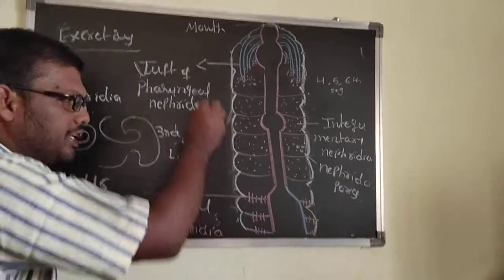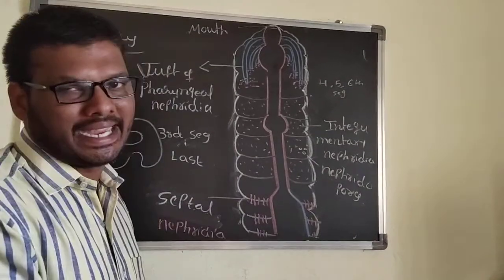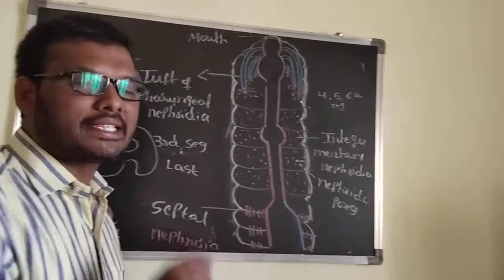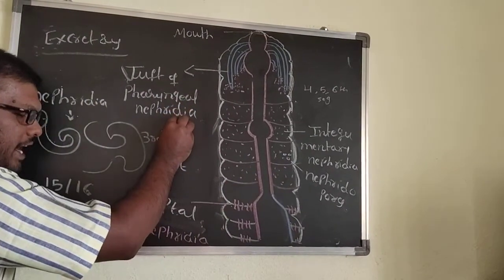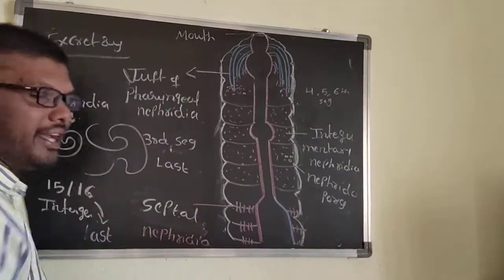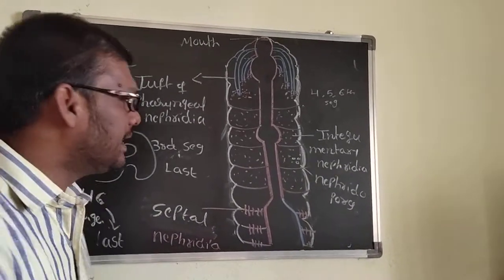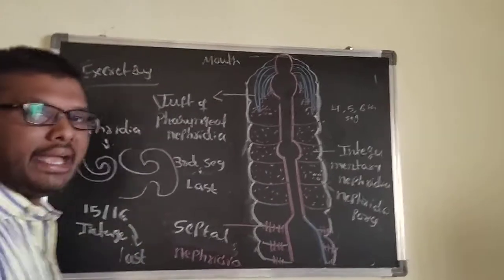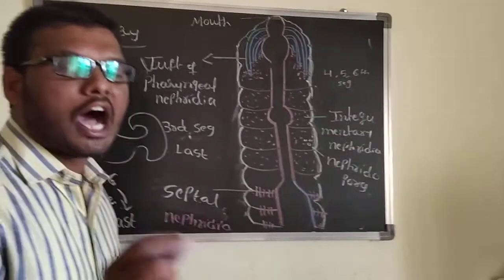And the nephridia that open into the gut wall, that is into the intestine, are called enteronephric nephridia. That's why pharyngeal nephridia and septal nephridia are enteronephric nephridia. These nephridia maintain the homeostasis of the body and osmoregulation.